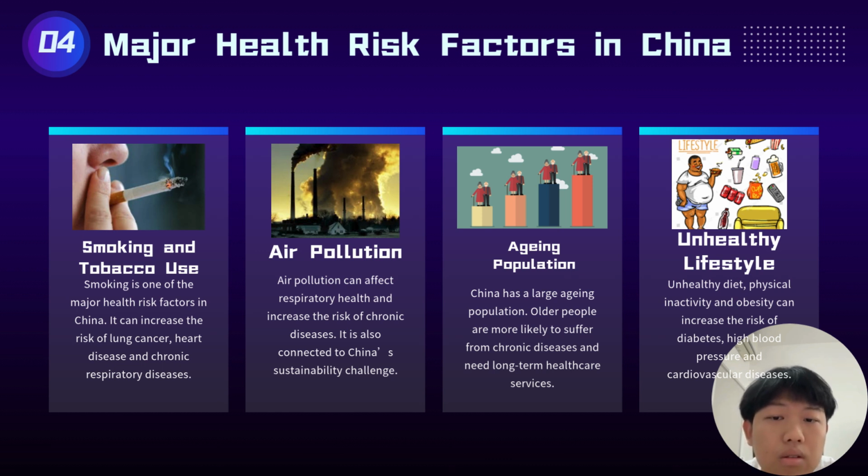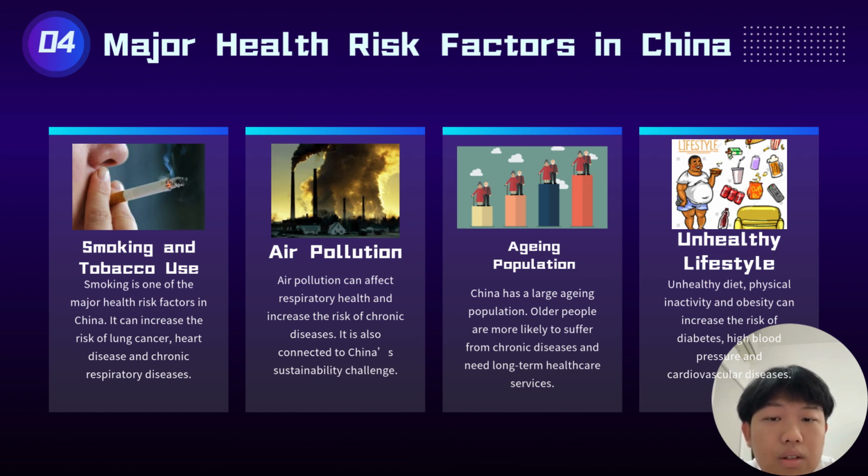The third one is the aging population. China has a large aging population. Older people are more likely to suffer from chronic diseases and need long term healthcare services. The fourth risk factor is unhealthy lifestyle. Unhealthy diet, physical inactivity, and obesity can increase the risk of diabetes, high blood pressure, and cardiovascular diseases.